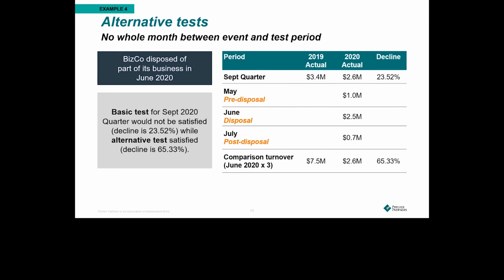So you just think that carefully if it's appropriate, because the ATO might not think this is an appropriate outcome, but that's something that could arise under the rules. I guess this highlights the point of what's the significance of a disposal? Normally we think we could restructure a business to cause its turnover to increase, so we can pick up a later period to compare to, or acquire a new business. Normally we don't think of a disposal as increasing and therefore helping us have a higher turnover comparison period to test against.